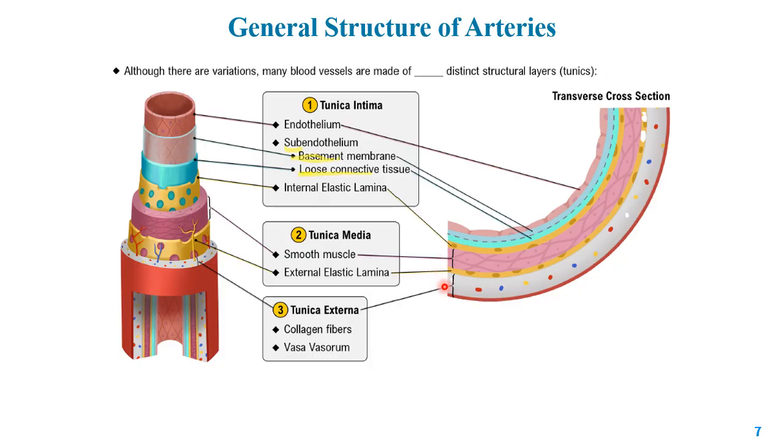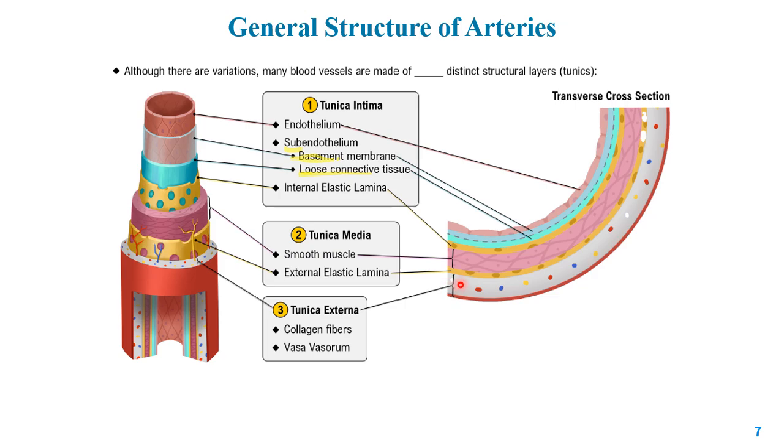Okay, so after that, you're going to come to the outermost part of your blood vessel, and that is going to be your tunica externa. This part has a lot of fibers, because that's what's going to keep this blood vessel structure together. So we're going to have a lot of collagen fibers.